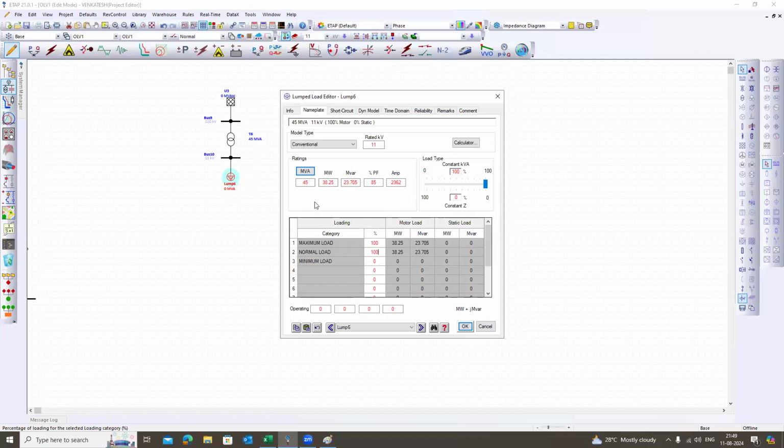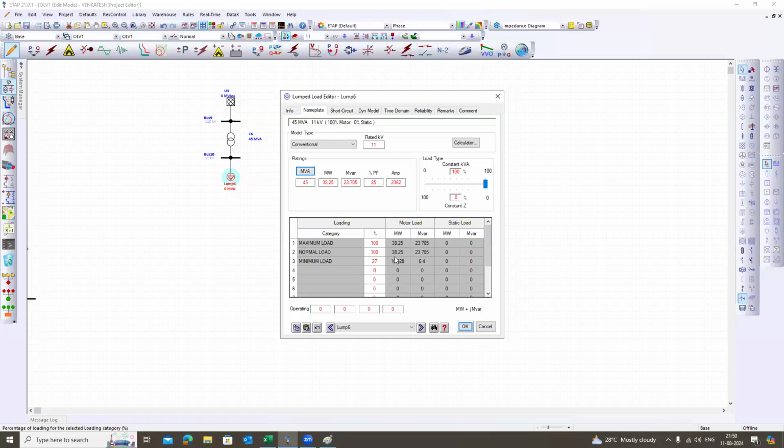And for the minimal load, how much do we have to give? For 10 megawatts, you can give some 10% and we will change it. For 10% it is 3.825. So if you give something like 26% or 27%, then for 27% the load is approximately 10 megawatt.